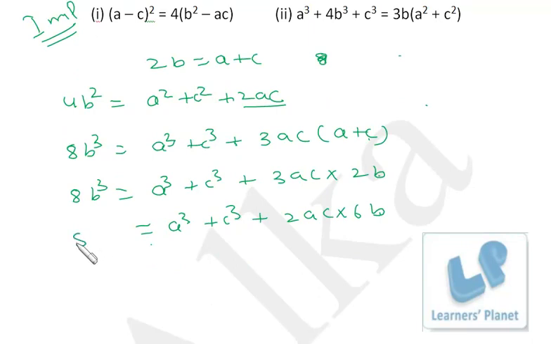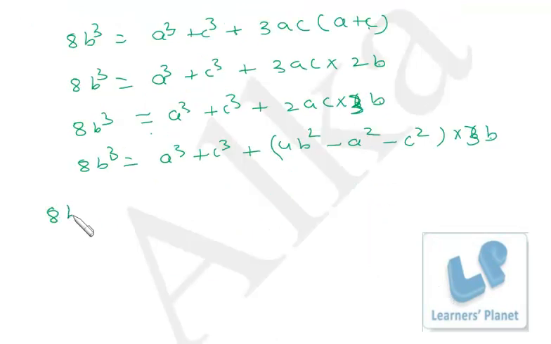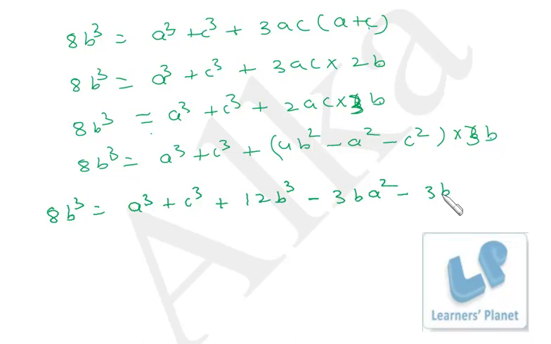So 8B cube is equal to A cube plus C cube plus, instead of 2AC, I write down 4B square minus A square minus C square, into 3B. Now 8B cube is equal to A cube plus C cube plus 4B square into 3B, that is 12B cube, minus 3BA square minus 3BC square.